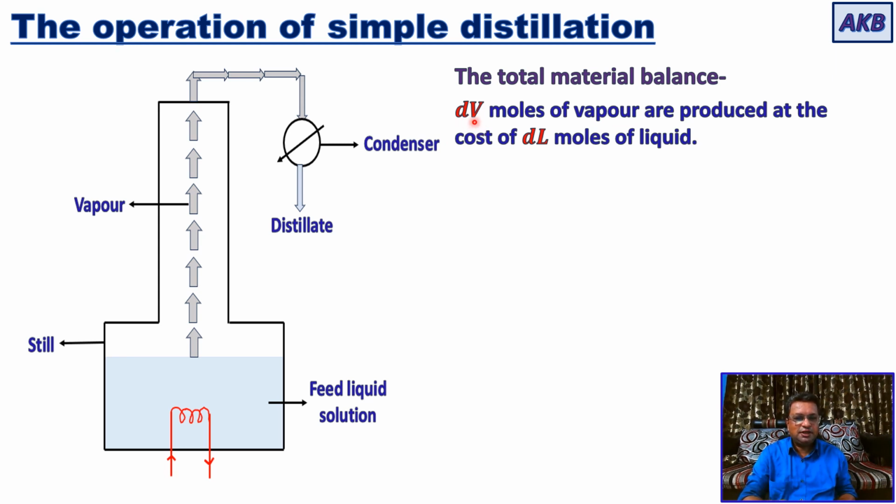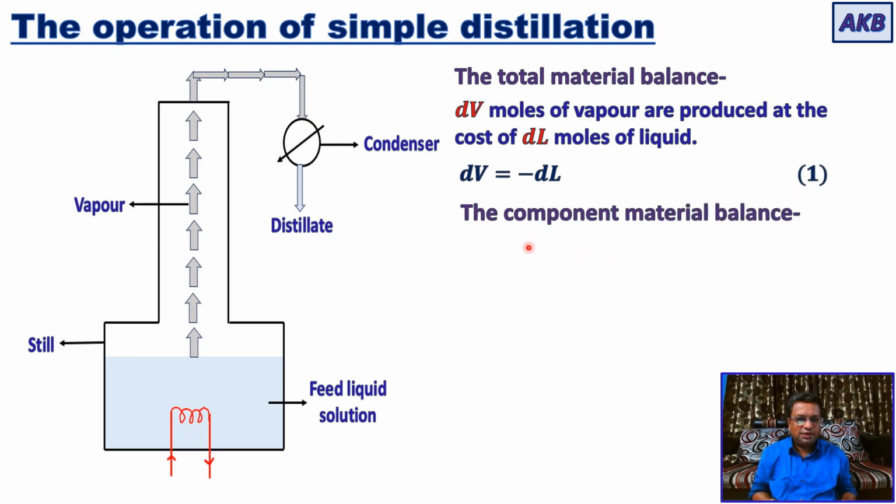So how to represent that? You can represent it like this: dV is equal to dL, but since dV is produced at the cost of dL, we need a negative sign. So I'm writing it as dV is equal to minus dL, and I'm calling this equation number 1.